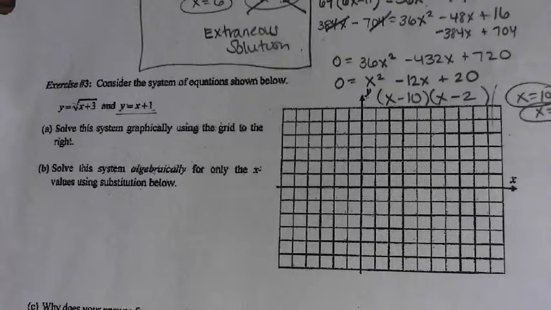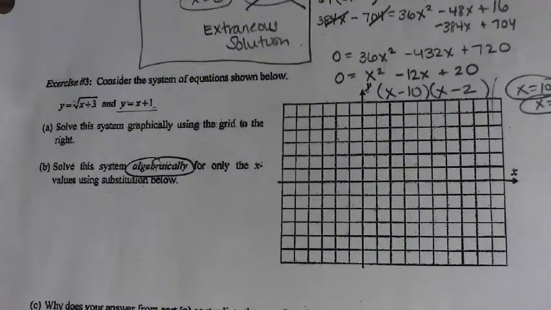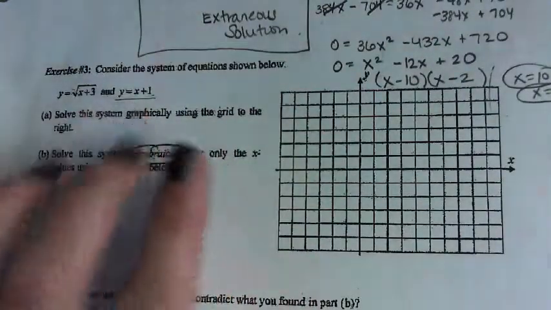Once we learn those, it'll be a linear with something else. You should be doing substitution when they want algebraically. So, first thing we're going to do is solve this graphically.